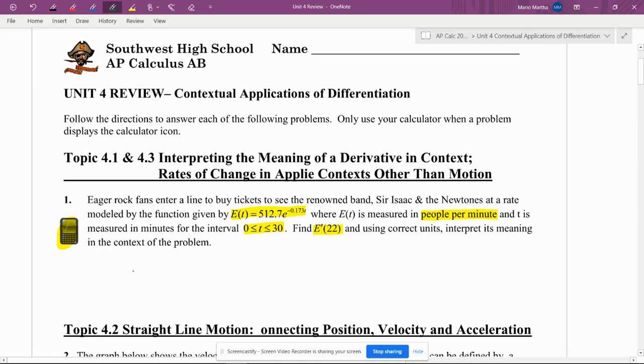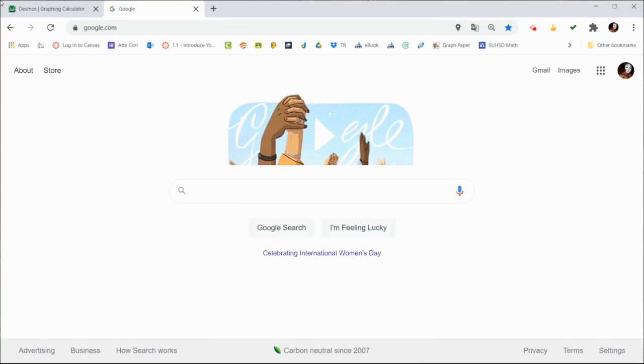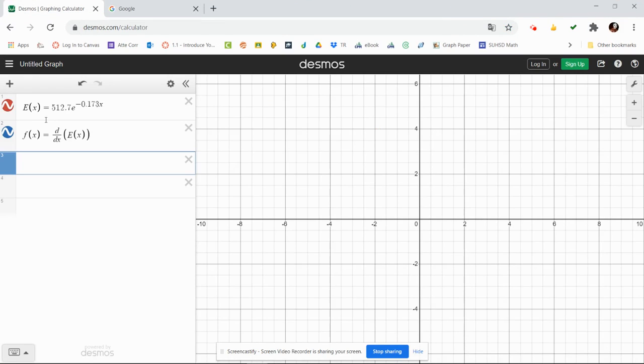All right. So again, this is something that you guys can do in the calculator easily. Please make sure you do. You don't need to find necessarily what E prime of t is. You can just figure out what E prime of 22 is. And then again, you can just go to Desmos. And then we have our function.